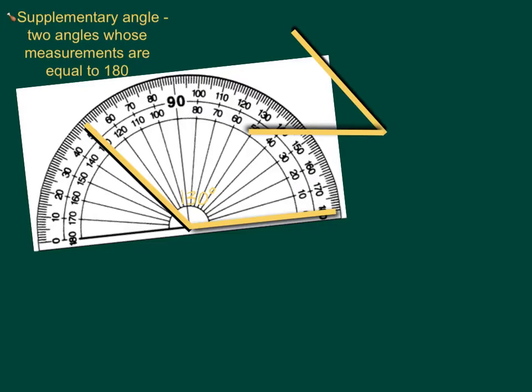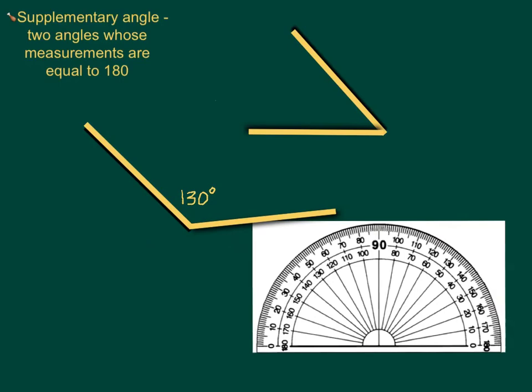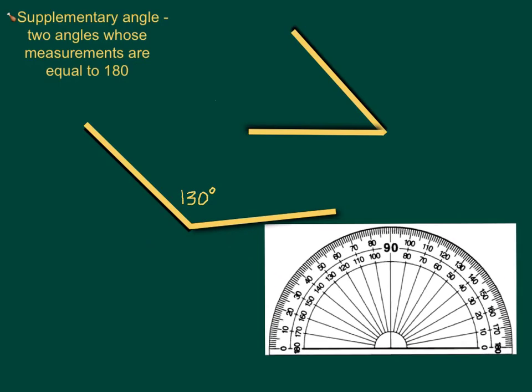Okay, so now we're going to measure a second angle that I have created. And here is the second angle right here. I'm going to move my protractor to that second angle and line it up. Remember, when you line it up, you want your vertex to be right on this intersection, and you want your baseline, which is here, to be at 0.